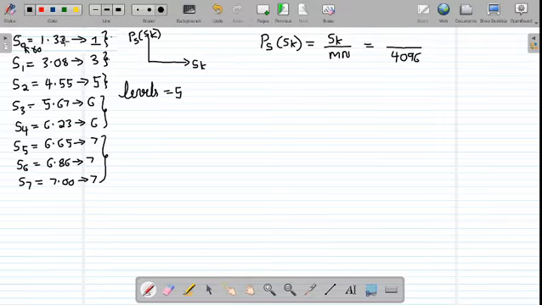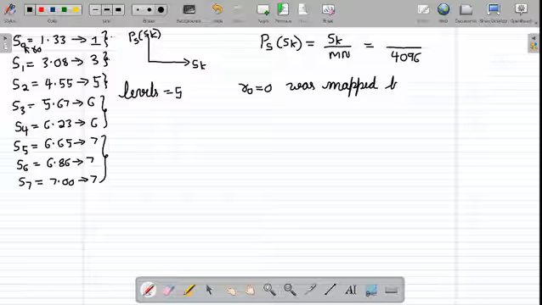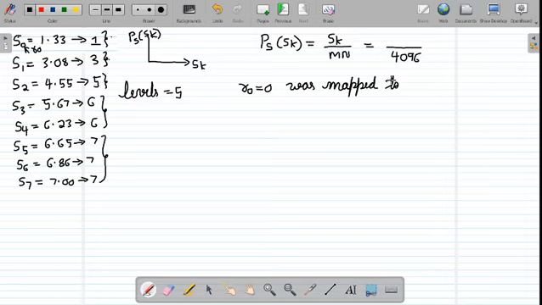That indicates that R0 equals 0 was mapped to S1, whose intensity level is 1.